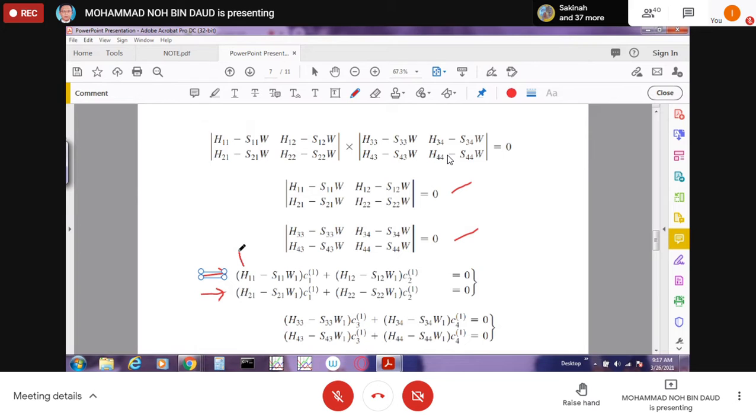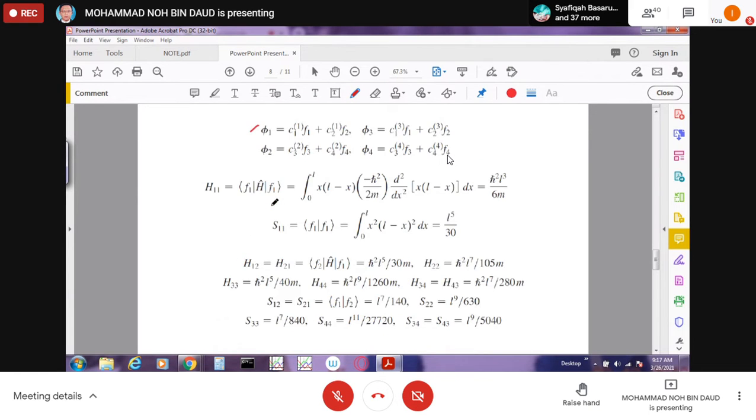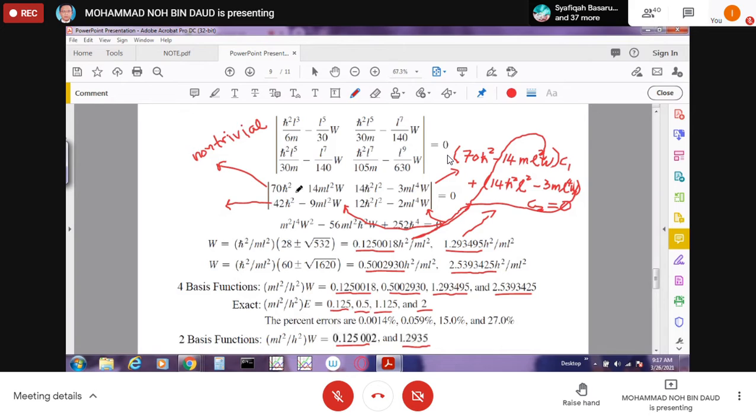So this is the solution of these secular determinants, one of the simultaneous equations.